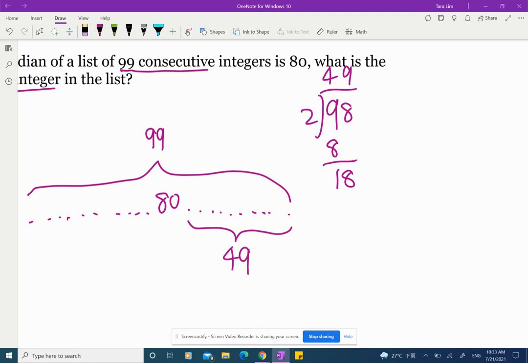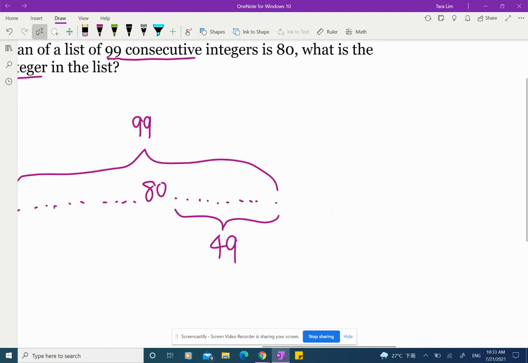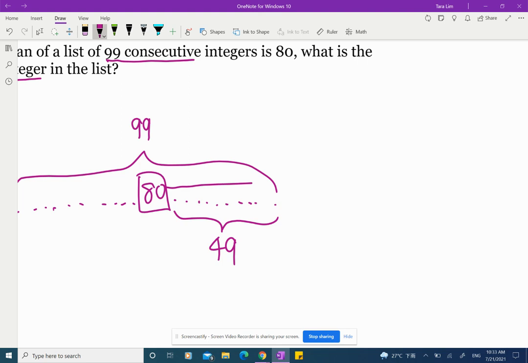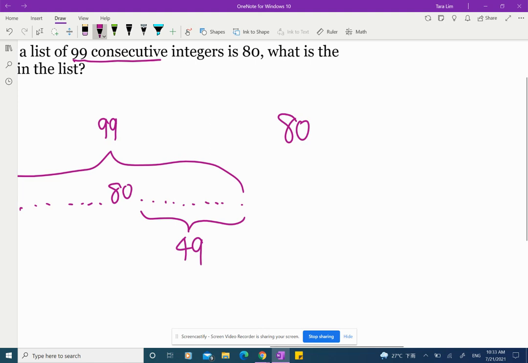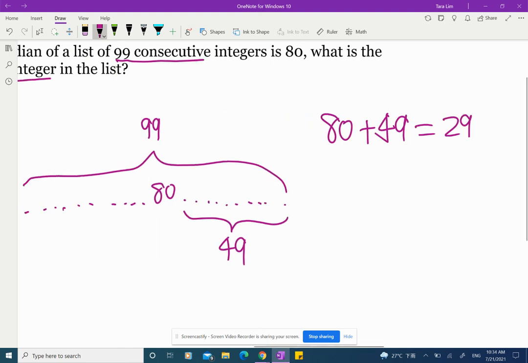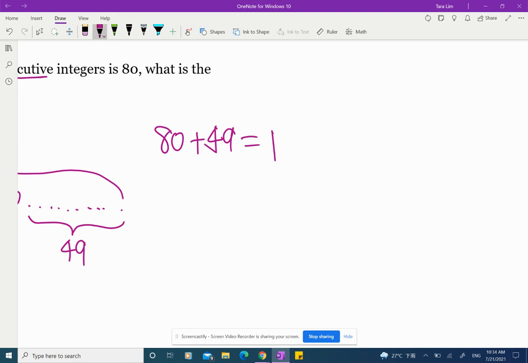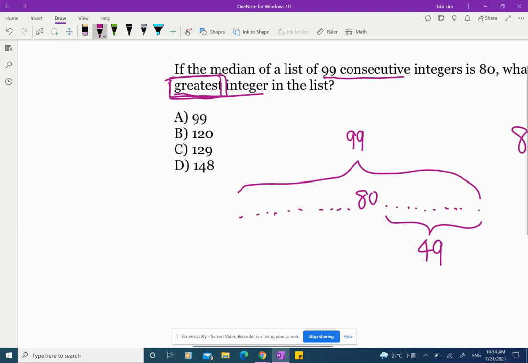There are 49 consecutive integers here. Now, we want to know the greatest integer in the list. So, from 80 on, all the way to the greatest one, how do we know it? We can just add them. Simply just add 80 plus 49, and it will give us 129. So the correct answer is C.